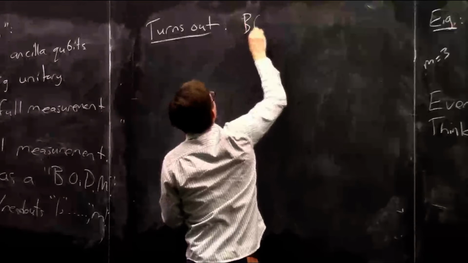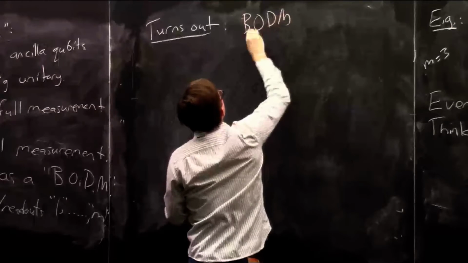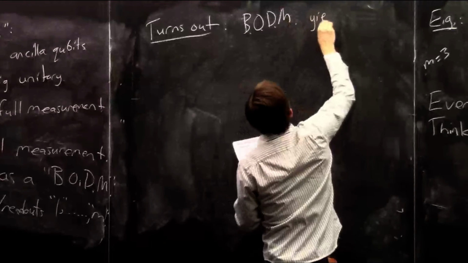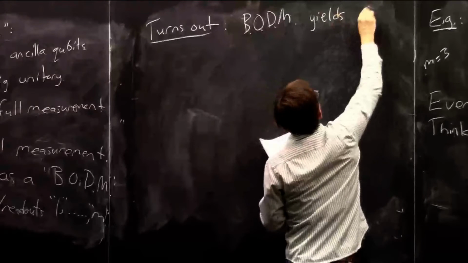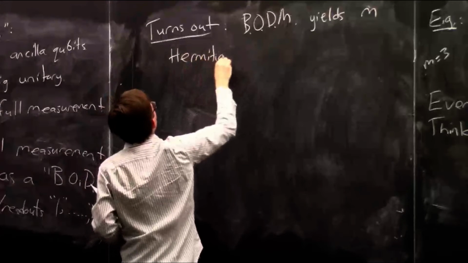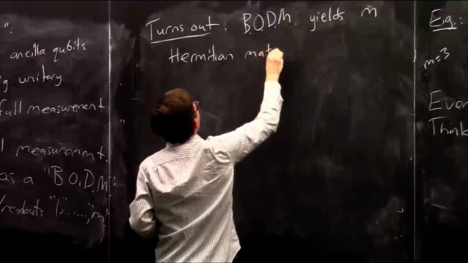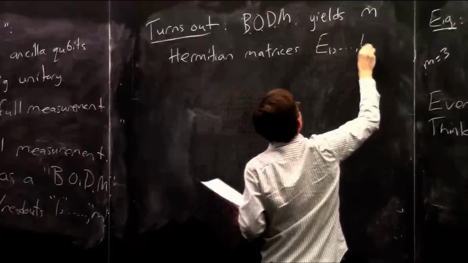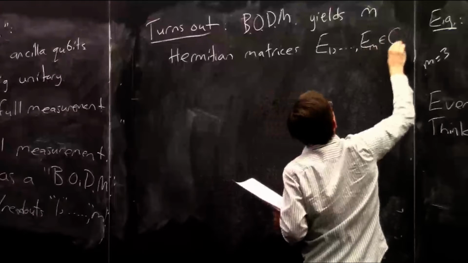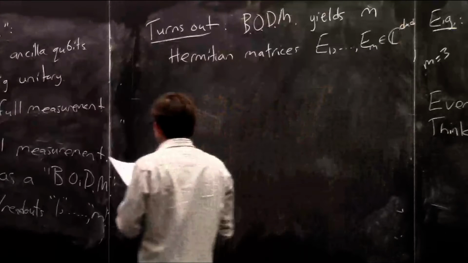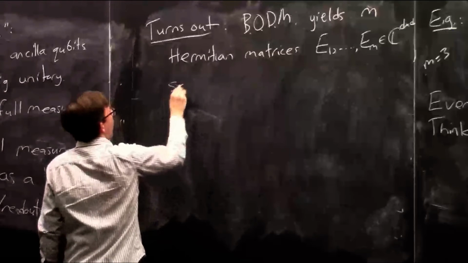This big old device for measuring, whatever it is, yields m Hermitian matrices, E1 through EM. They're d by d, one for each outcome, that satisfy two properties.